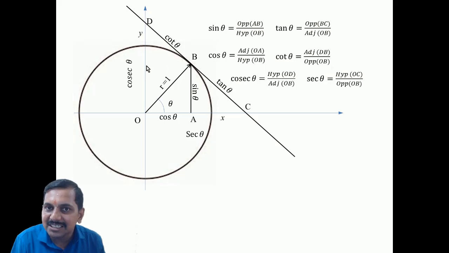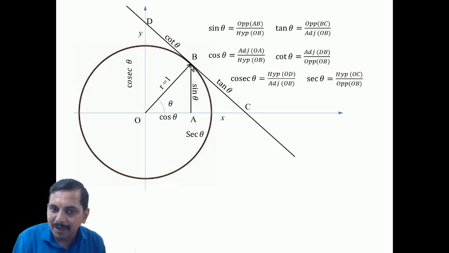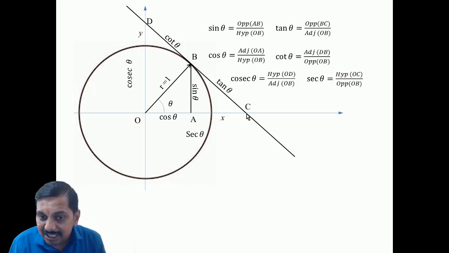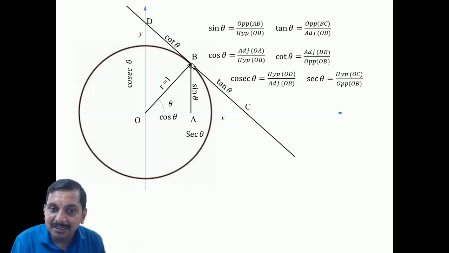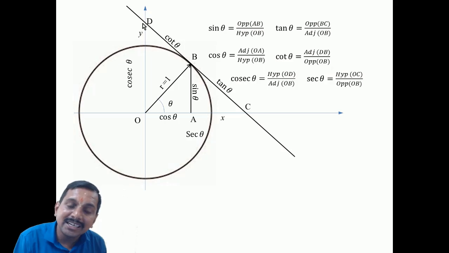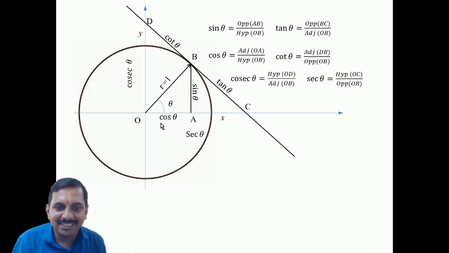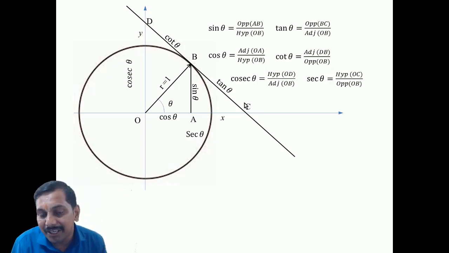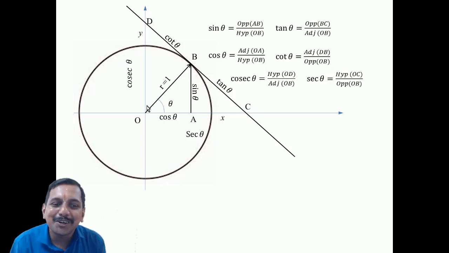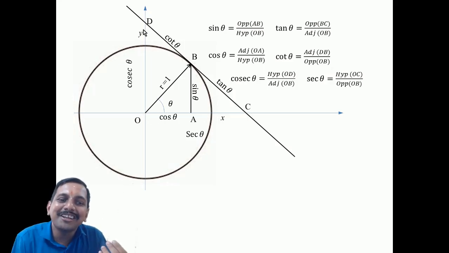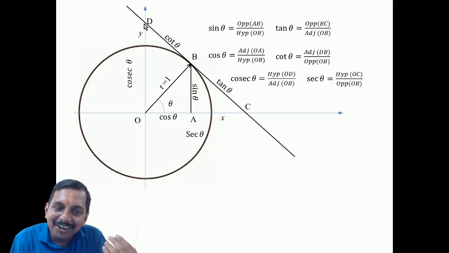The distance till it cuts the y-axis. What is tangent? From that point till the tangent cuts the x-axis. Cotangent, the distance from the point till it cuts the y-axis. Secant theta seeks the point where the tangent cuts the x-axis. Cosec theta seeks the point where the tangent cuts the y-axis.